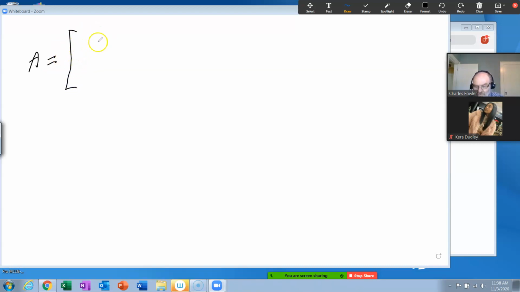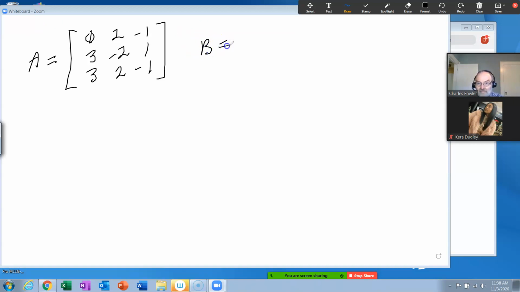Row one: 0, 2, negative 1. Row two: 3, negative 2, 1. Row three: 3, 2, negative 1. I hope I copied them right. Looks okay.